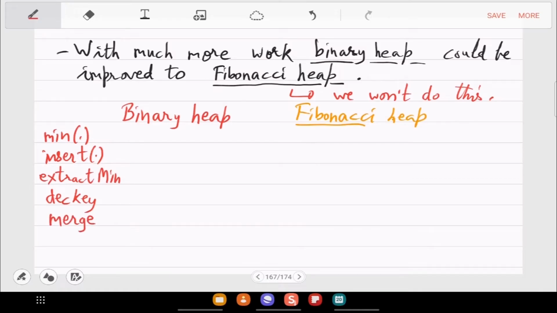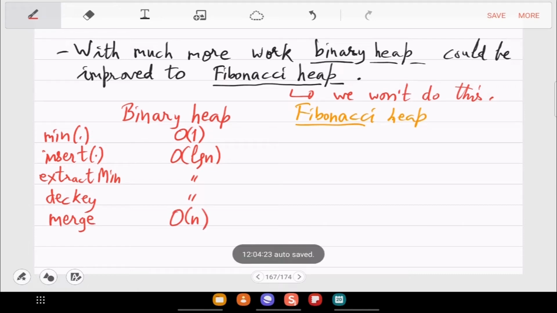Okay, so these are the operations that we were interested in the mathematical modeling. In what we have achieved in binary heap, you can report the min in how much time? O(1) here, right? Because it's just the root, the first element in the array. Insertion in log n, the height of the heap, the height of the tree. So insertion, extract min, decrease key, all in log n, and merge, yeah, for merge you have to see all the elements. So trivial was n log n, and the previous analysis gives you order n.